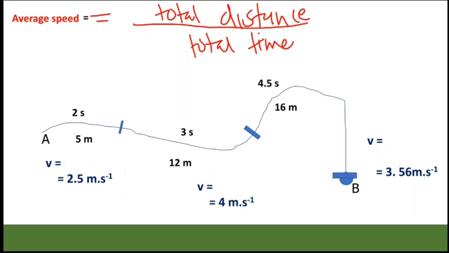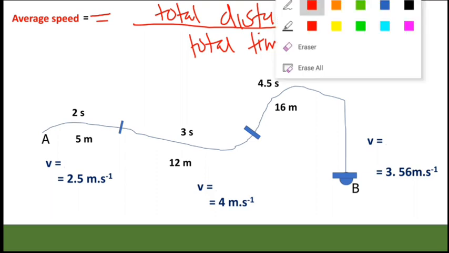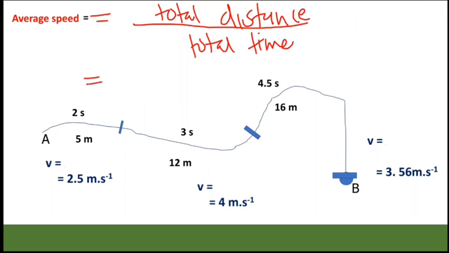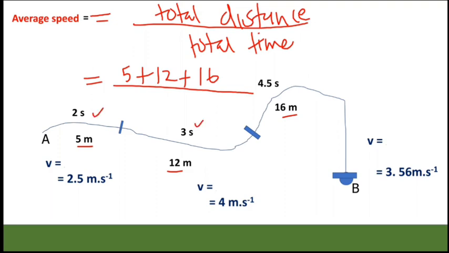In this case, we now need to add the total distance. Well, the total distance traveled is the 5 plus the 12 plus the 16. Then the total time taken will be the 2 plus the 3 plus the 4,5. What will this give us?